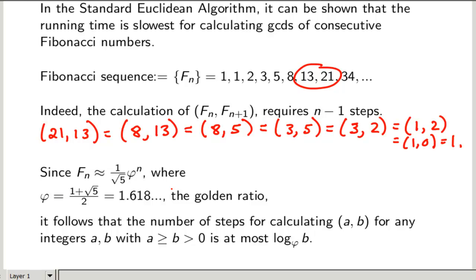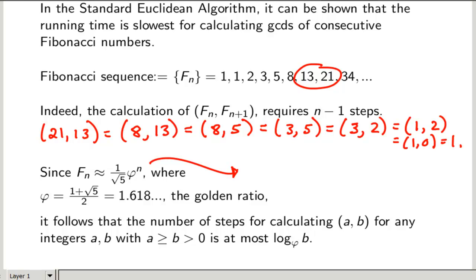So it would follow that the number of steps in this process, so this requires n minus 1 steps to calculate this, starting with F_n, which is our bigger number. And so if F_n is this value, what does that mean?